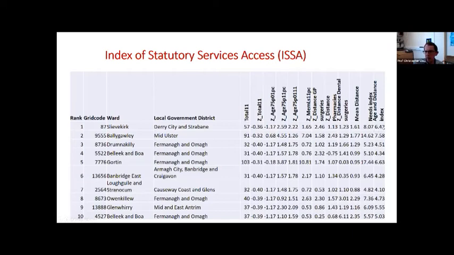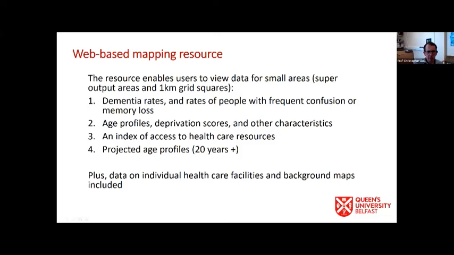And there are a few different sub parts of the index that focus on age or age and distance or whatever. And this is very much a work in progress, but it's a way of collapsing down multiple variables, and it can be adapted depending on an individual health condition or a particular type of health facility, as a way of identifying perhaps those areas that have the biggest concentration of need. But I can come back to that later if you're interested.